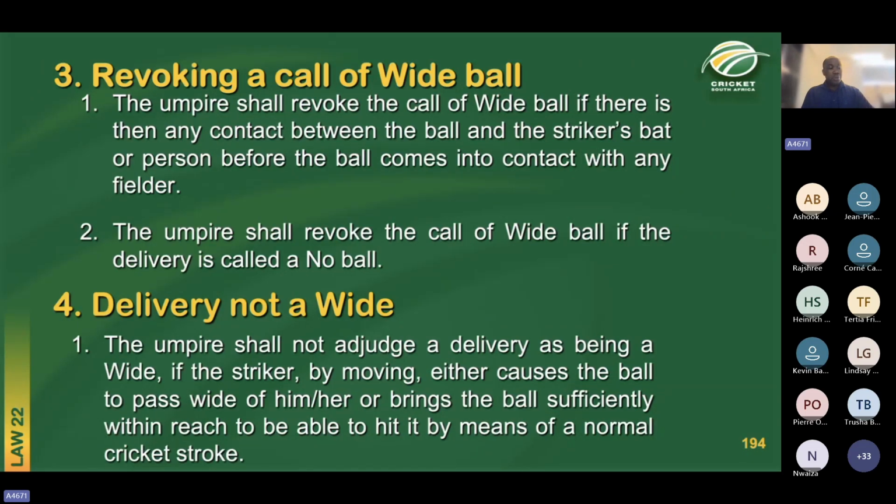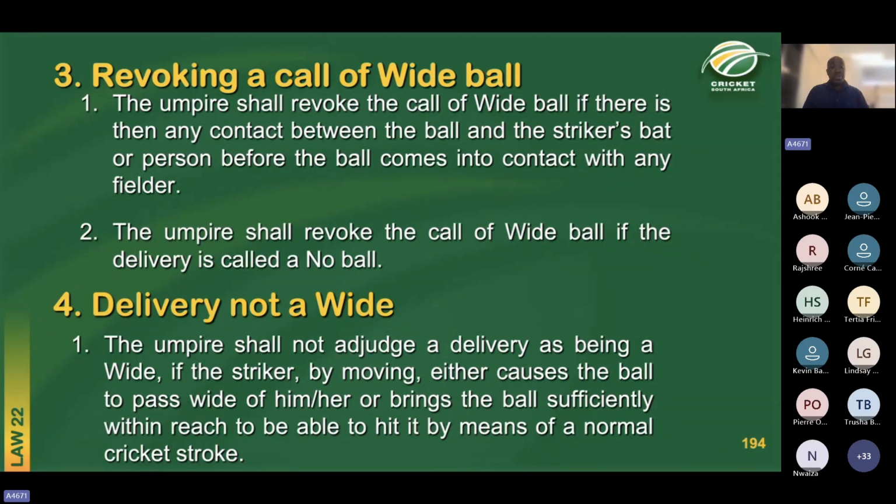Similarly, if a ball is bowled quite wide of the off stump, but the batter, while the bowler is in his or her delivery stride, just before they bowl it, starts moving towards the offside, then the bowler can bowl the ball a little bit wider of the off stump.